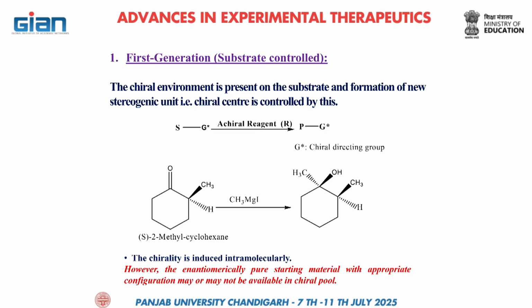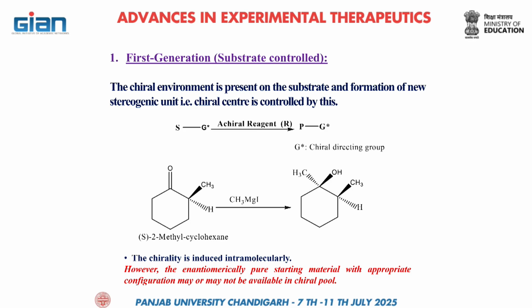You placed a chirality where methyl is above the plane and hydrogen is below the plane. Now you bring the methyl group. Now tell me your preference: when your substrate has a methyl group on the upper plane and hydrogen on the lower plane, from whose side will the incoming group prefer to come? From the side of hydrogen, which has less steric hindrance.